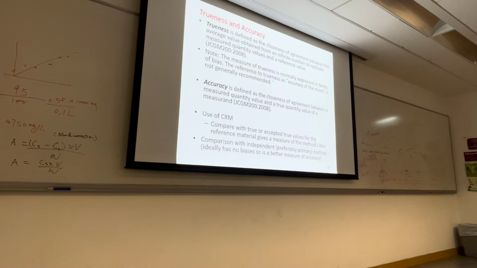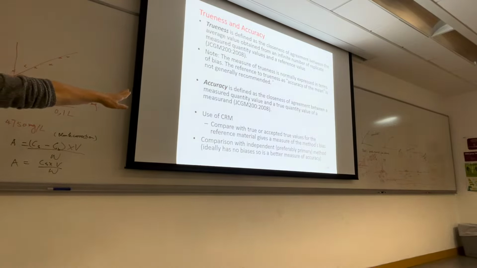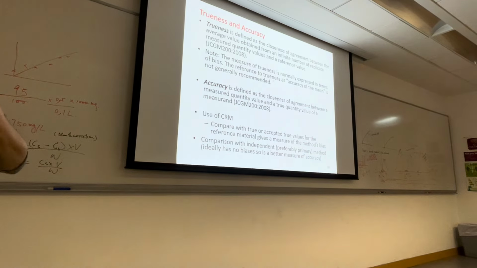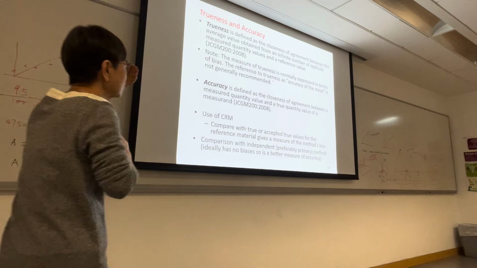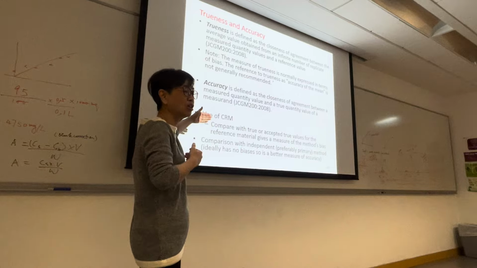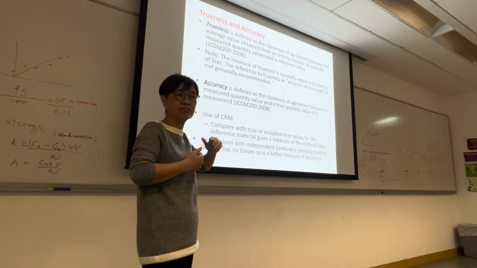So when we say trueness study, what is the meaning? There is a reference value. Normally, when we say trueness, we will make use of CRM. We compare our result with the reference value as given on the certificate.